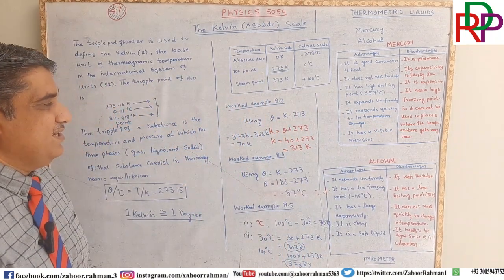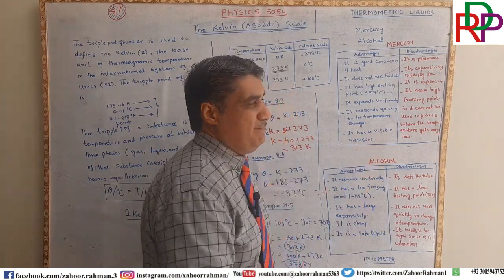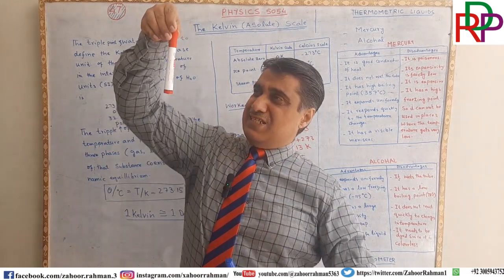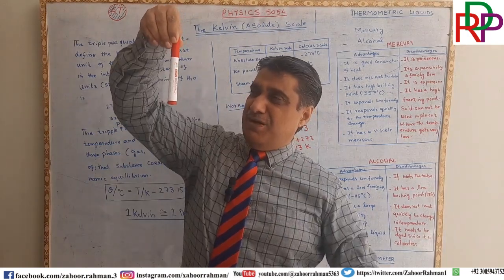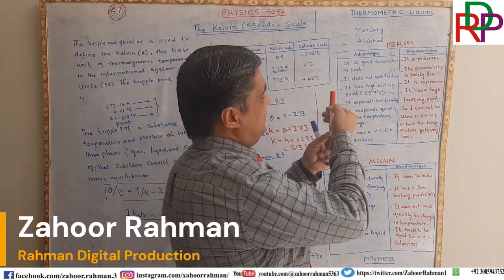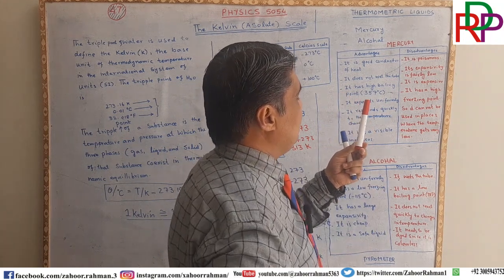The next one is that it has a visible meniscus. Inside the thermometer, we can see the meniscus of the mercury.